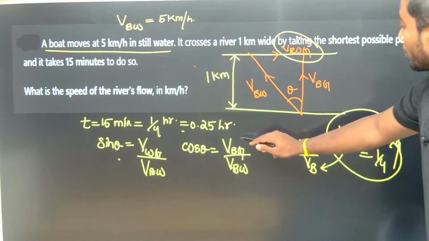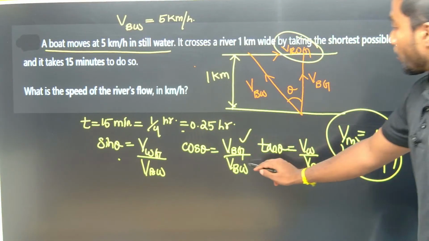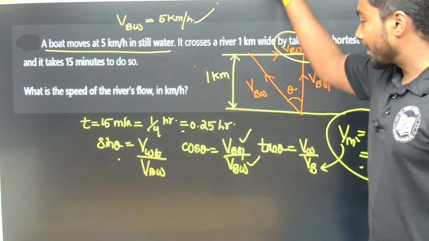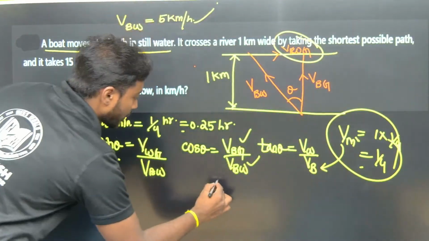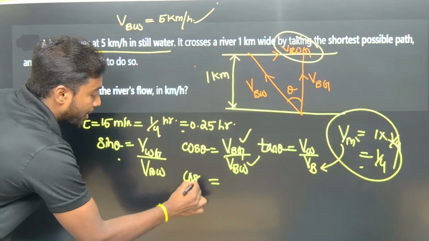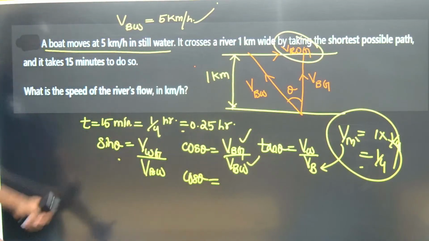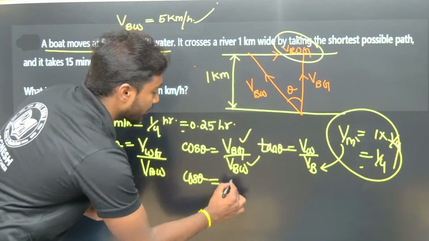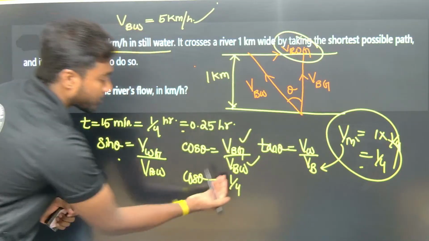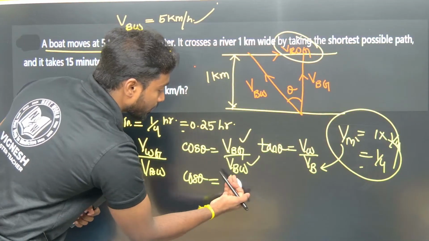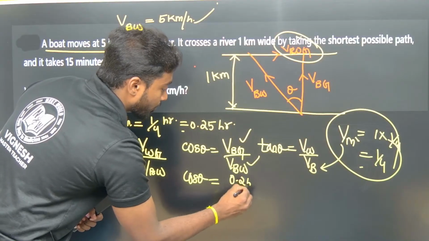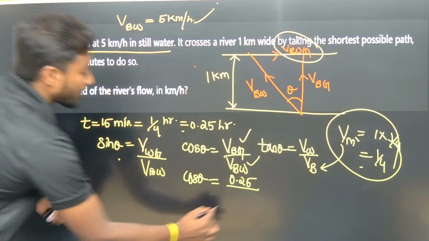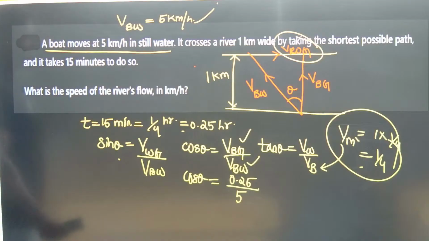Boat with respect to ground we have found. With respect to water they have given. So cos theta is equal to velocity of the boat, which is nothing but 1 by 4 or 0.25, divided by 5 kilometer per hour. That's it.